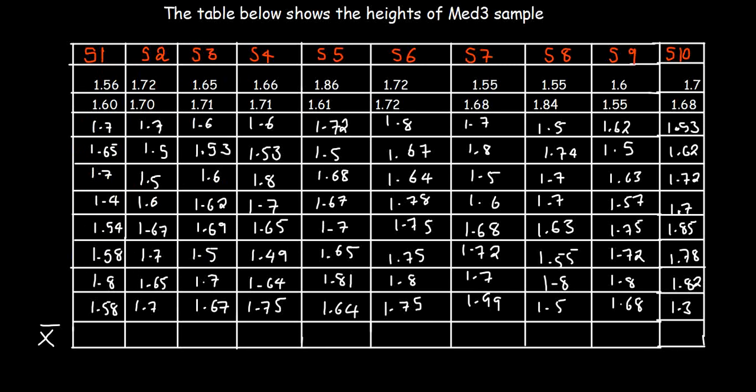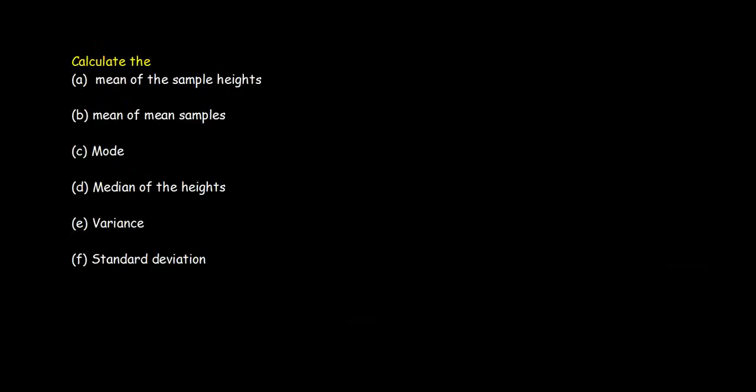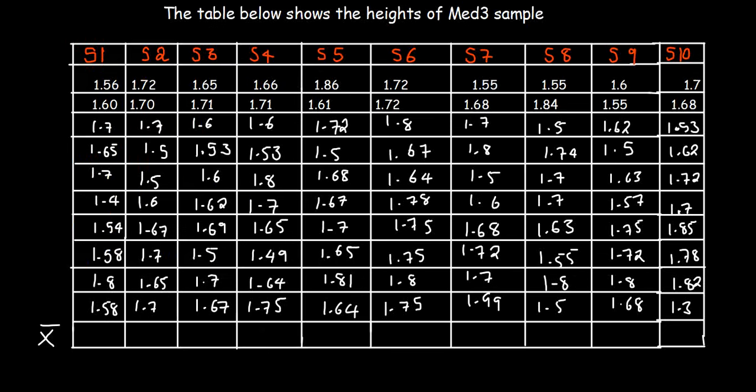You can see we have got 10 samples, S1 up to S10. But how do we determine the mean of a sample? Because these are samples, this is not a true population. The population of these medical students would be more than what we have here, but we just picked some of them.